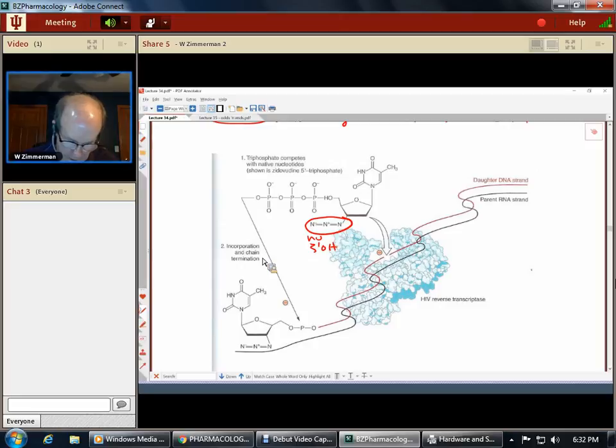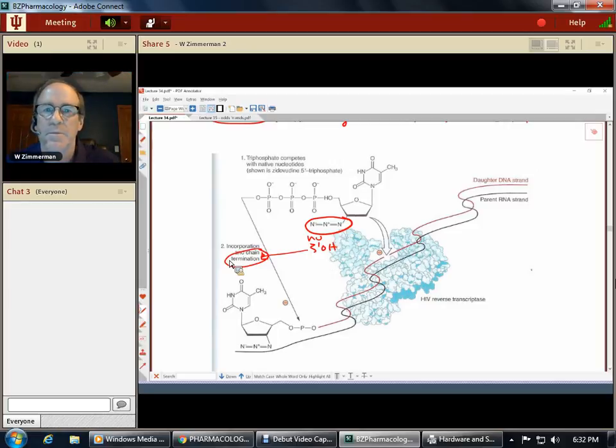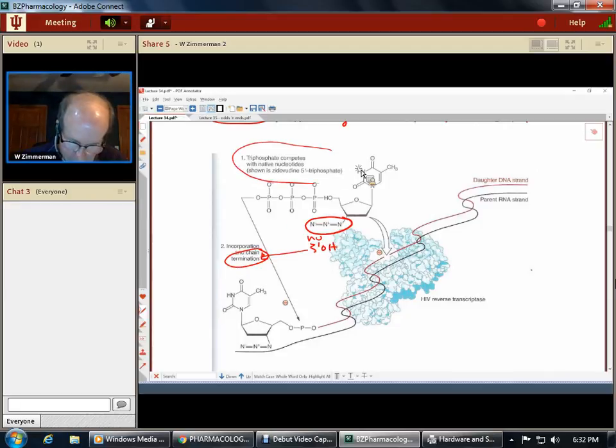Therefore, we get chain termination once it gets incorporated. Additionally, that is zidovudine shown there. This triphosphate form of the base, zidovudine, will compete with the native nucleotides for incorporation. And therefore, it's going to slow the reverse transcriptase.